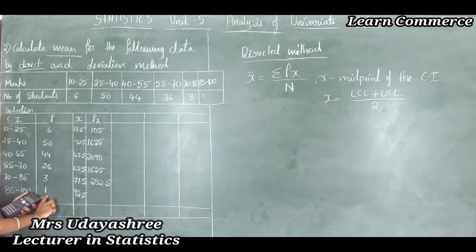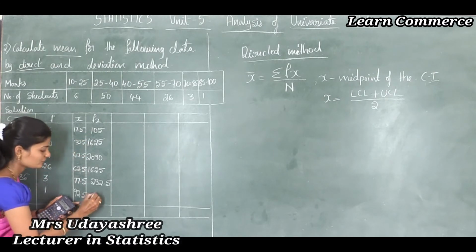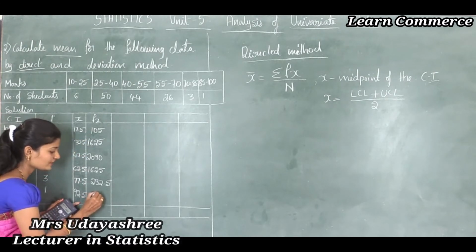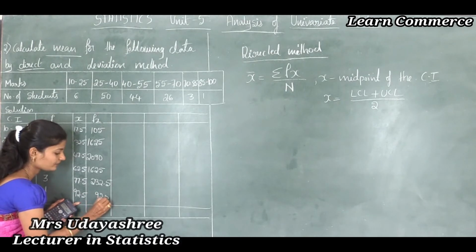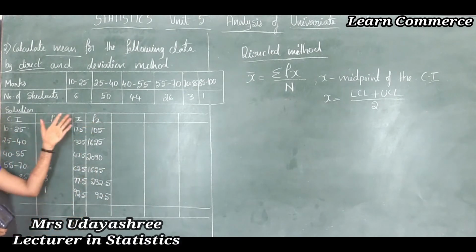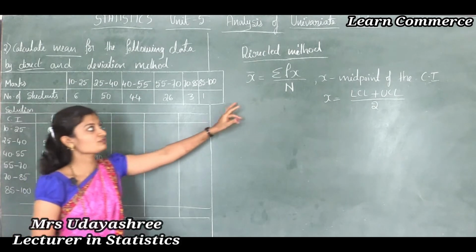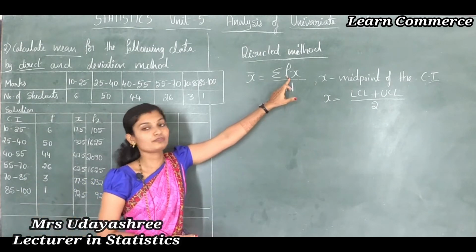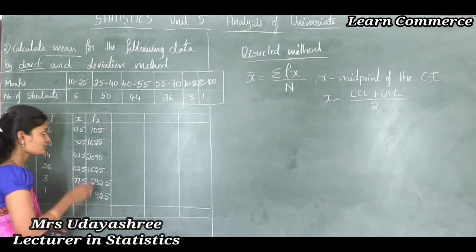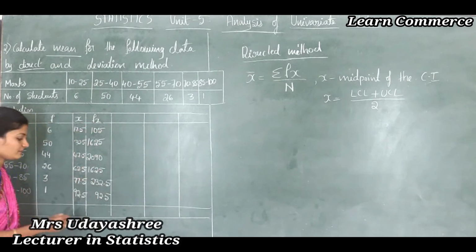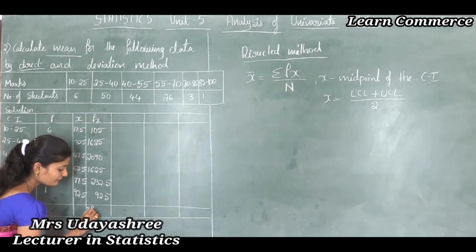Next f is 1, x is 92.5. So 1 into 92.5 is 92.5. So here we got the f into x observations. Based on the formula we need to find the total of these observations, that is summation fx.